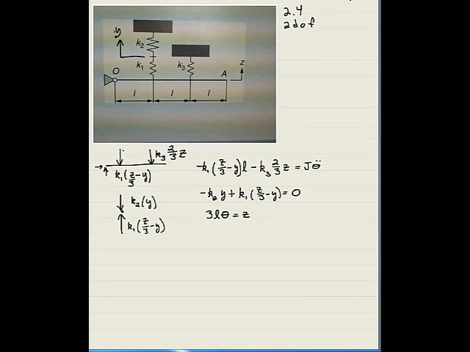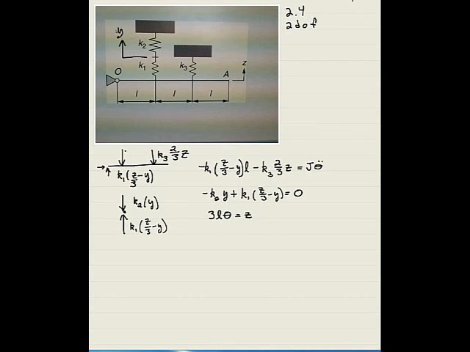So what I want to do then is eliminate the variable y. So I'm going to take the second equation and I'm going to solve for y. If you solve the second equation for y, you find the following.